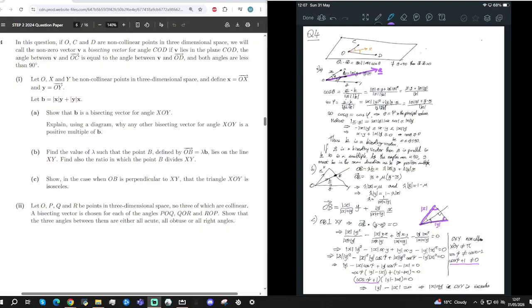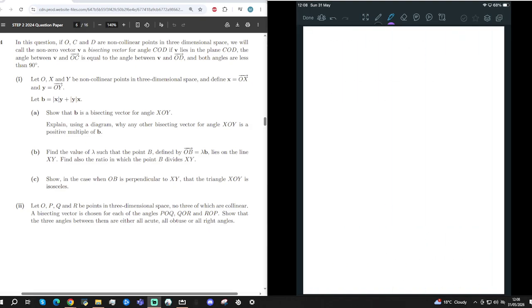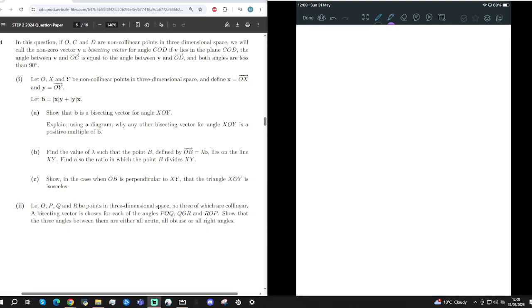And we've also considered how that triangle could be isosceles, and how isosceles is actually equivalent to being perpendicular. The bisecting vector is perpendicular to the base side. So how are we going to use that in the final part of the question?